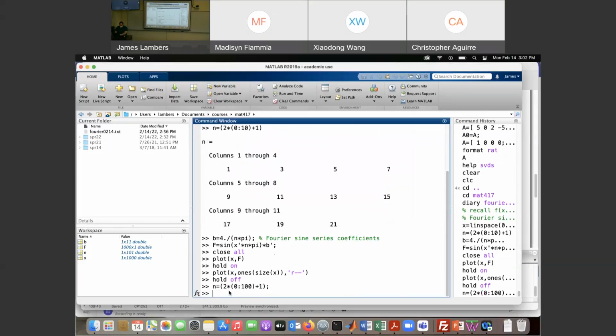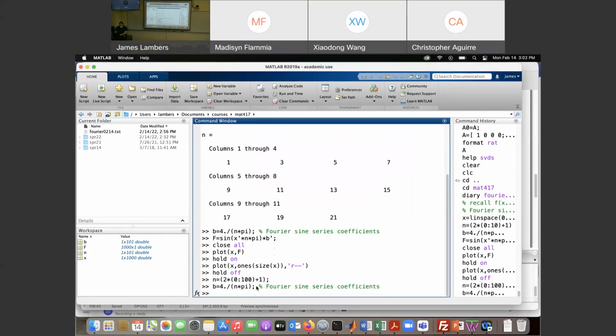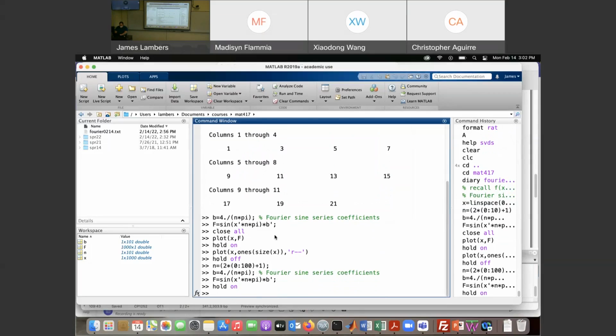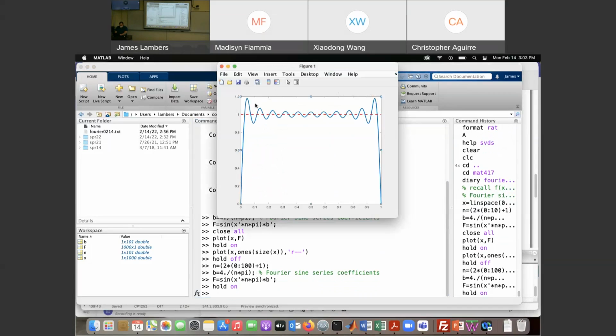So odd numbers up to 201. Recompute the Fourier sine series coefficients. Recompute my approximation. Okay, now what I'll do is I'll delete this one.